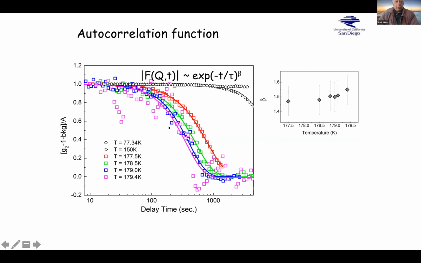We were able to fit this with a stretched exponential with a beta of 3/2. Beta of 3/2 seems to pop up, I don't know why, but mysteriously almost everywhere when you have jammed systems. And we made the claim that this was a jammed system because the domains that were fluctuating were growing in size, and then eventually they jammed together, and the domain wall motion will follow the jammed motion after that.